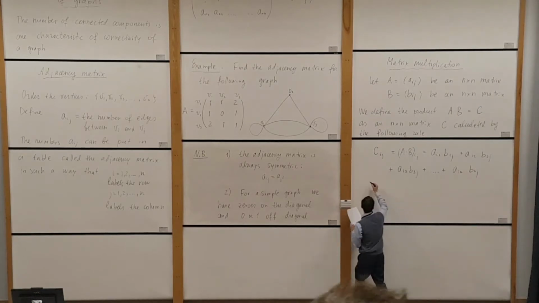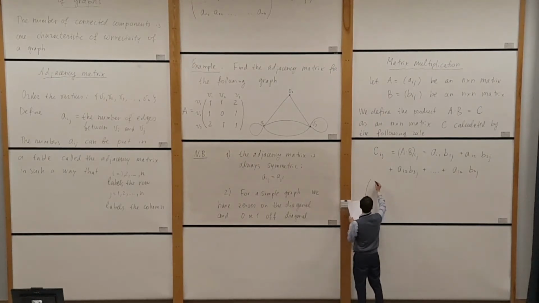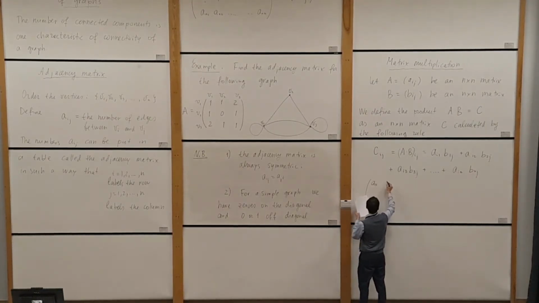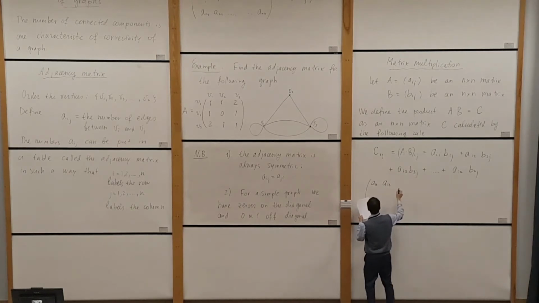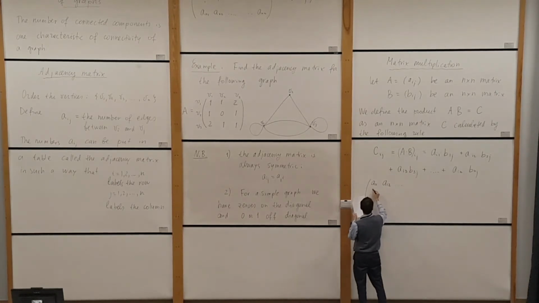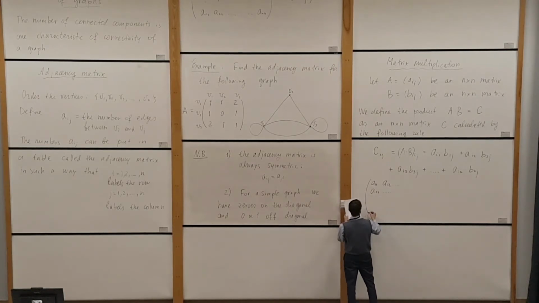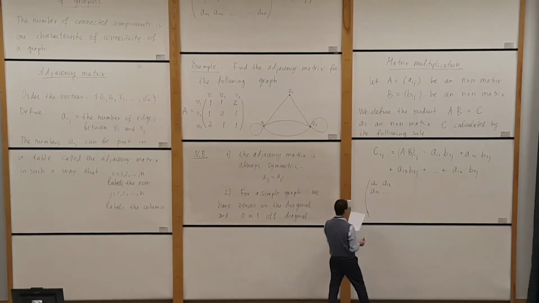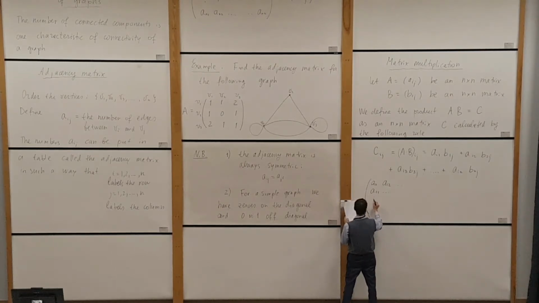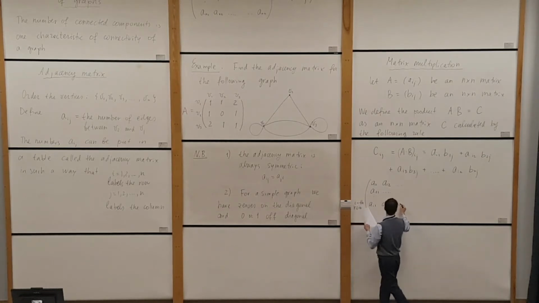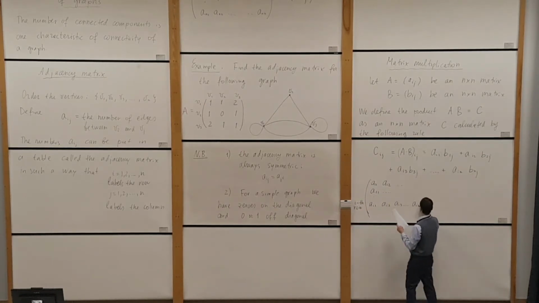And this can be illustrated on the following picture. So if you write both matrices and single out the ith row, which will have entries Ai1, Ai2, Ai3, dot, dot, dot, Ain.